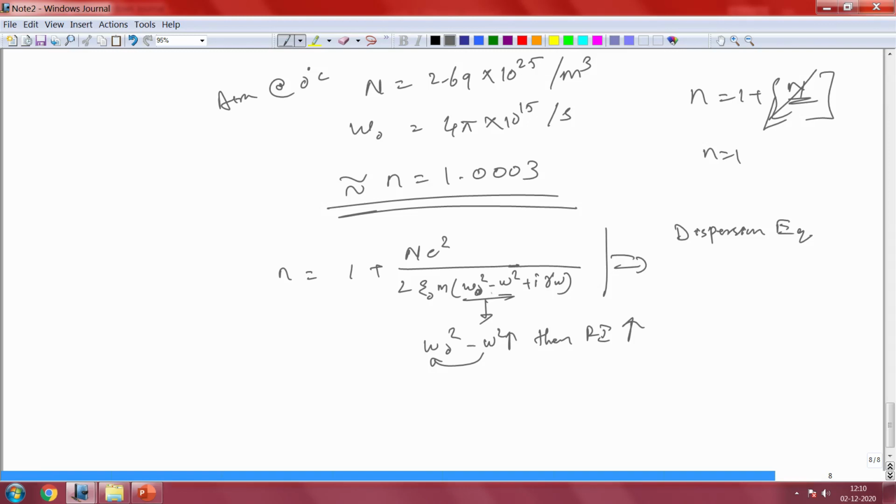You make this denominator term go very close to 0, provided that the mass of the electron is small and the damping is also pretty small. When omega is very close to omega naught, the refractive index increases.